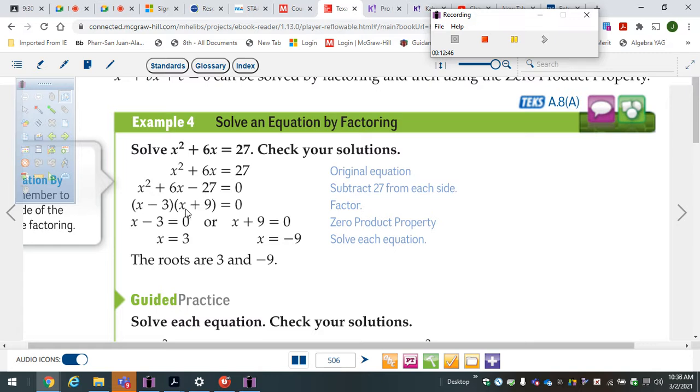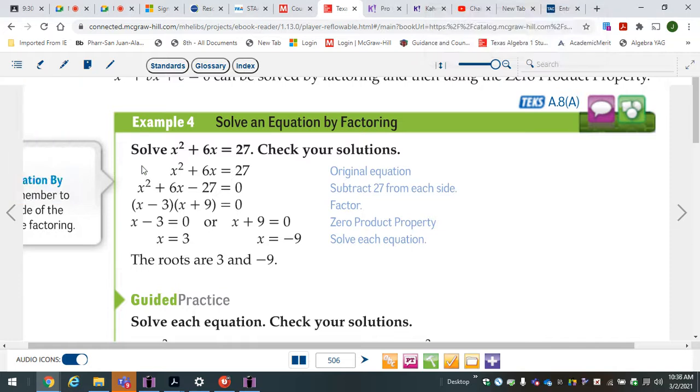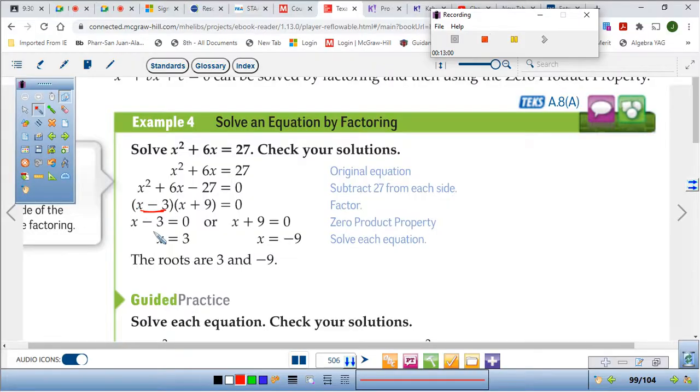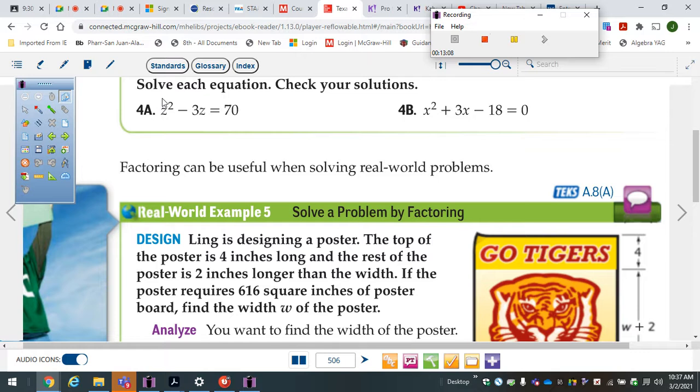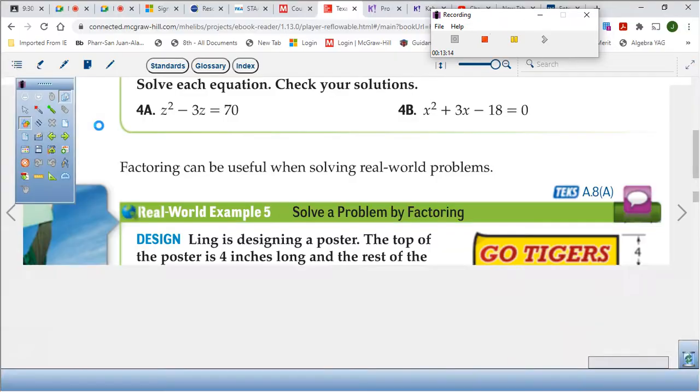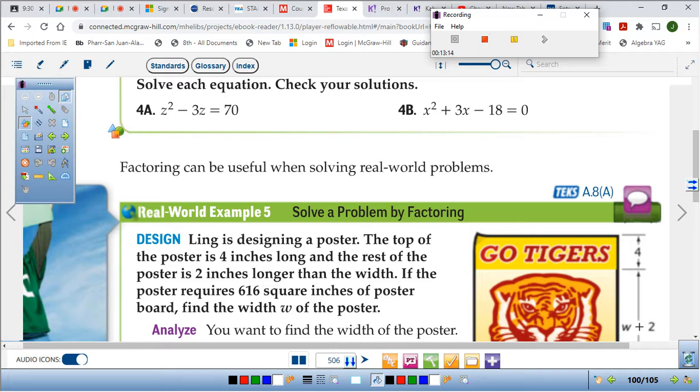And everything's the same, except at the end, you have to set this one equal to 0, and then this one equal to 0. And that's it. Solve means get your solution, get your root, get your 0. That's what it's saying there.